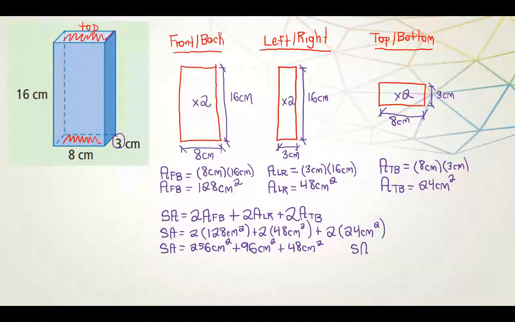And then my surface area would be equal to, if we add these 3 together, 256, 96, and 48, gives you 400. So your total surface area of this right rectangular prism is 400 centimeters squared. And that's the solution to example number 1.